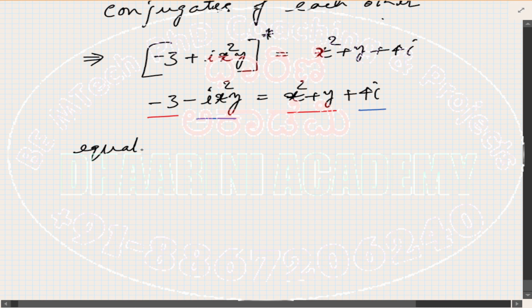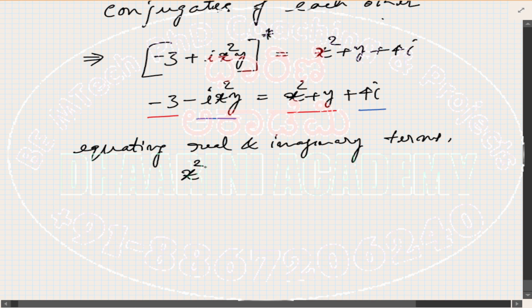So equating real and imaginary terms on both sides, I'm equating the terms marked with the red color. That is x squared plus y equals -3. I get one equation. And the second equation, leave the i. Without i, you equate both sides.